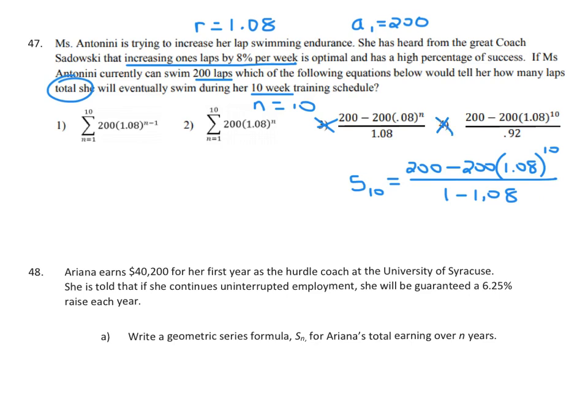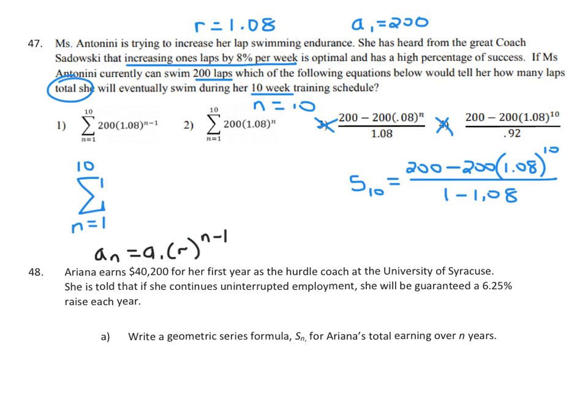So if we're going to write it using sigma notation, I'm going to use the variable they do, n equals 1. And we want to do this for 10 weeks, so 10 is going to go on top. Now, really, all we're doing here is writing our explicit formula, but plugging in our information. So the explicit formula for a geometric sequence is right here. So we're going to plug in this side of the formula after the sigma symbol.